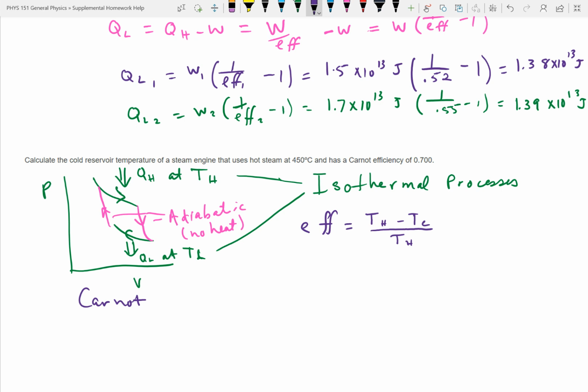So this equation here allows us to solve for temperature if we know the efficiency. So I had to introduce what the Carnot cycle is so we know what it's talking about. And then there's this relationship for the efficiency.